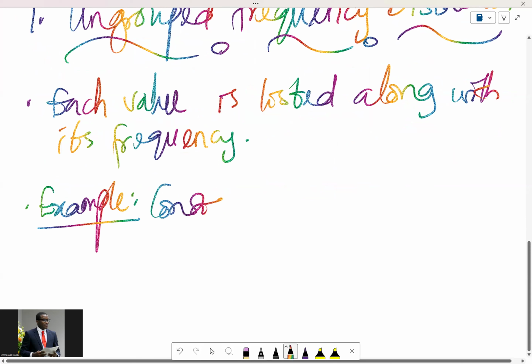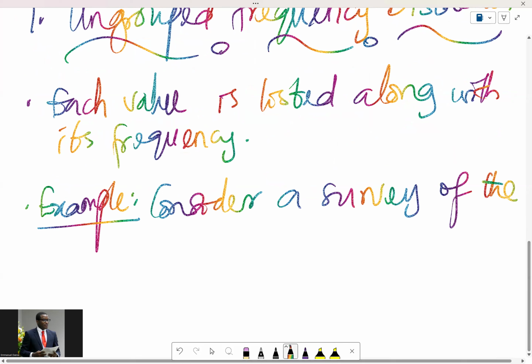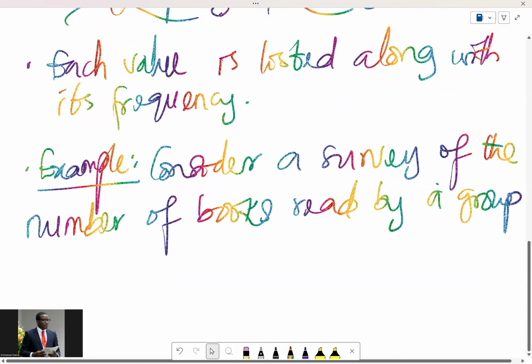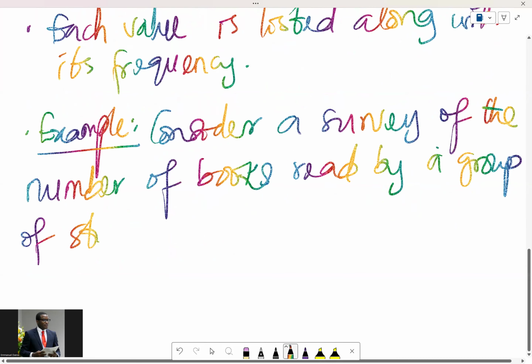Consider a survey of the number of books read by a group of students in a month.